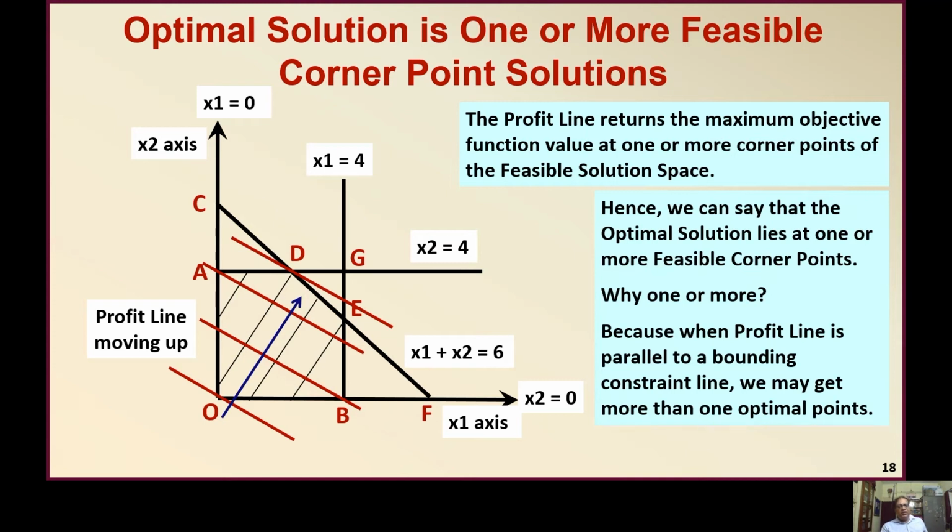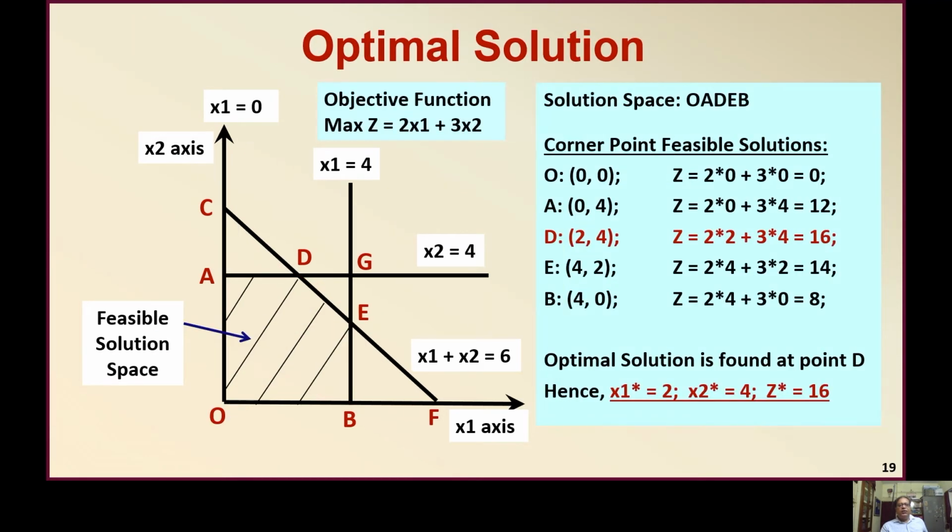In other situations, it will simply touch one of the corner points and it will be like a tangent to the solution space. And therefore, that particular feasible corner point will be our optimal solution, right? So we understood this, and once we understood, it is very easy to find the optimal solution from linear programming.